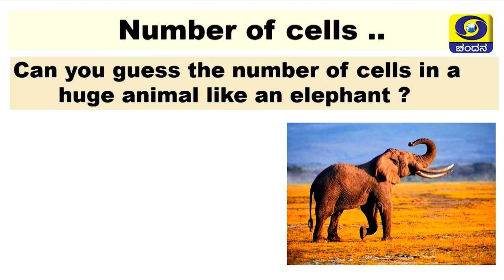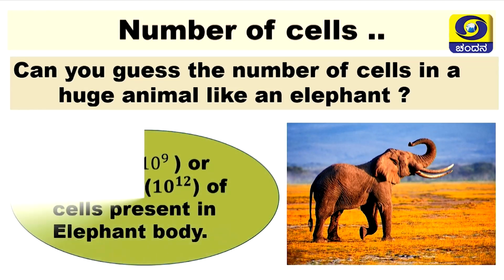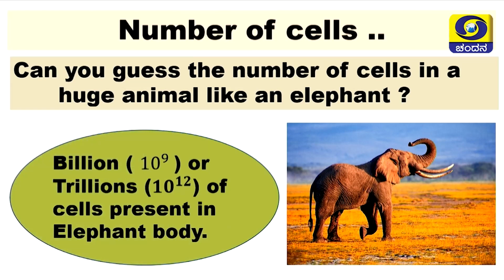Here, can you guess the total number of cells present in a huge animal like an elephant? How many cells are present in the body of an elephant? What is your answer? Look here, a billion is 10 to the power of 9, and a trillion is 10 to the power of 12. That huge number of cells is present, which is why the body of an elephant is also huge.